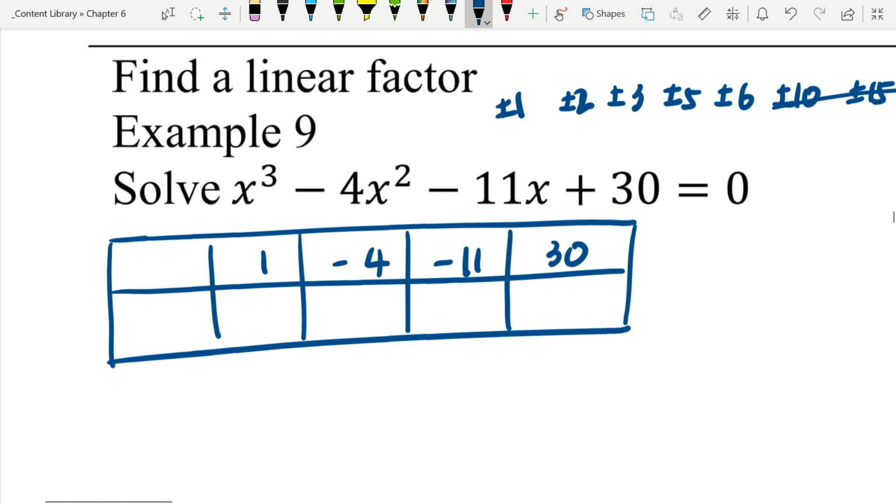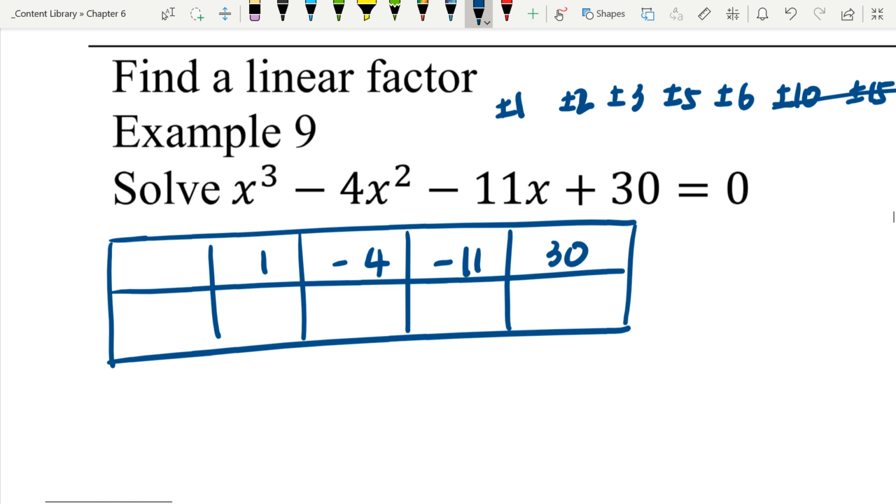I think synthetic is easier compared to sub a value into the equation. But yes, you can do that. Like John says, yes, but this one I think is quicker. You can choose whatever method you like. You can try a value, sub into the equation and see the equation equals to 0, then use synthetic or long division or any other method you like. But because I like this one so much, I only show this method in class.